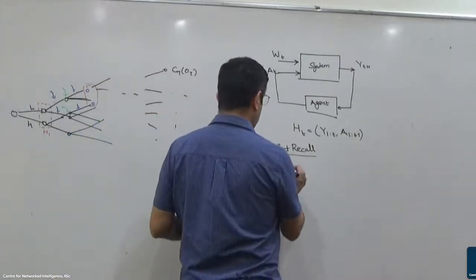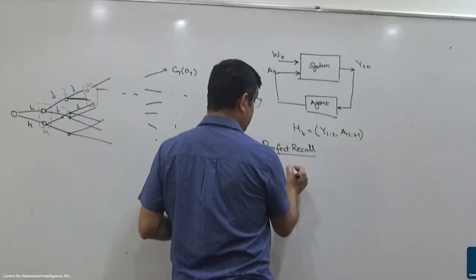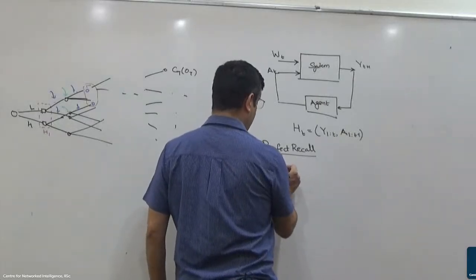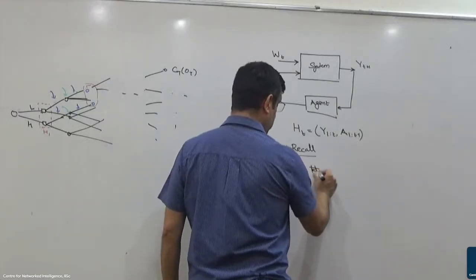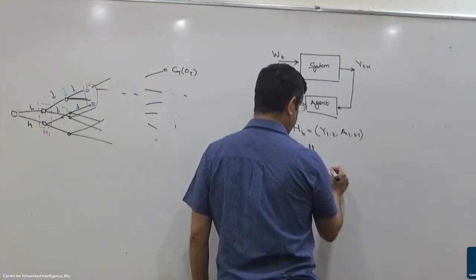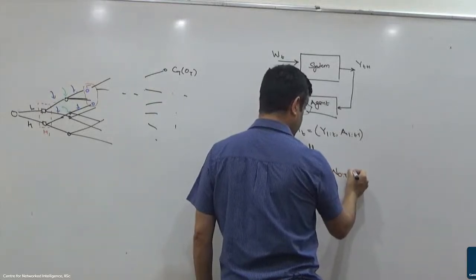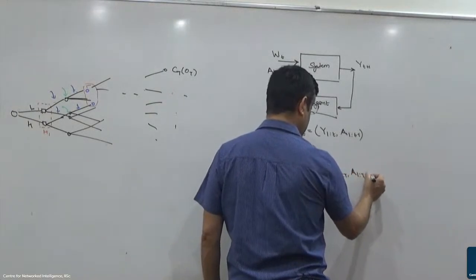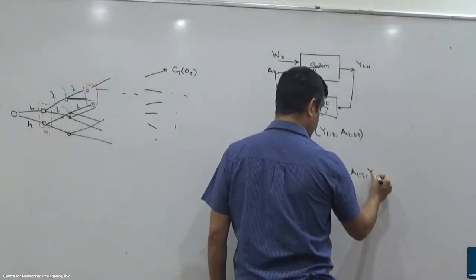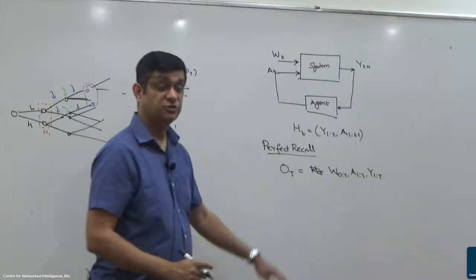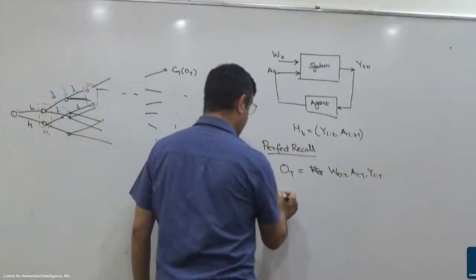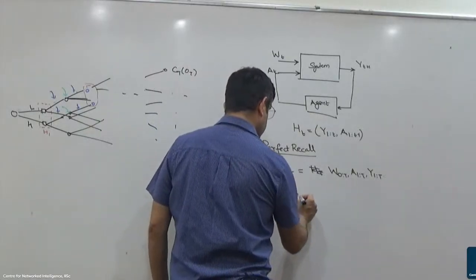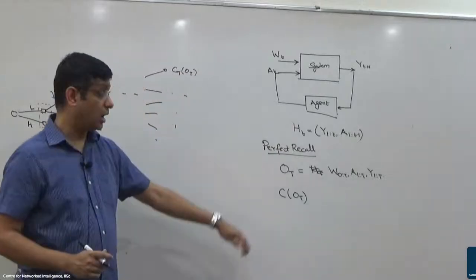As before, we assume that the system runs until a certain time T, and my final outcome is going to be the history at time T, everything that has happened until time T. So I'll say the outcome is W0 to T, A1 to T, and Y1 to T. This is everything that happened in the system at the end of T time steps, and then I have a cost which is a function of the outcome of the system.